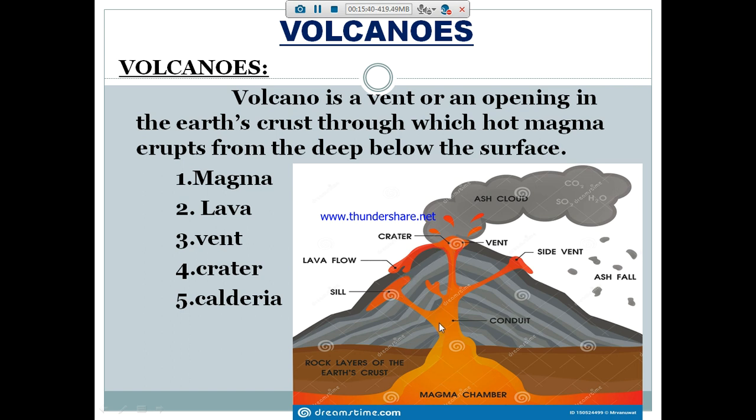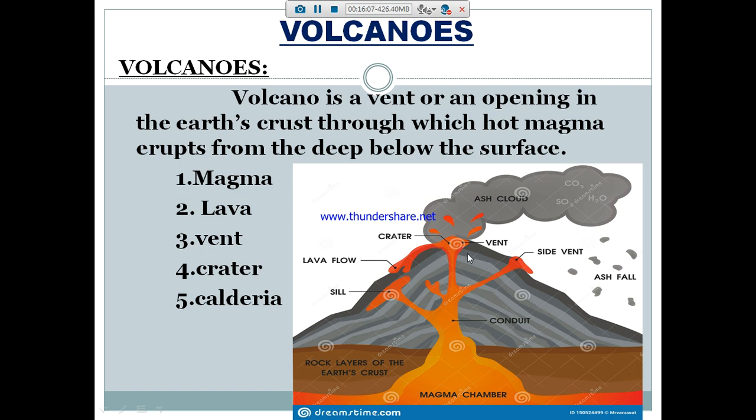In course of time, lava and other material flowing out of the volcano accumulate around the opening and form a conical hill. See that space, it looks like a conic shape. A conical hill or mountain. The vent is the opening or mouth of a volcano.